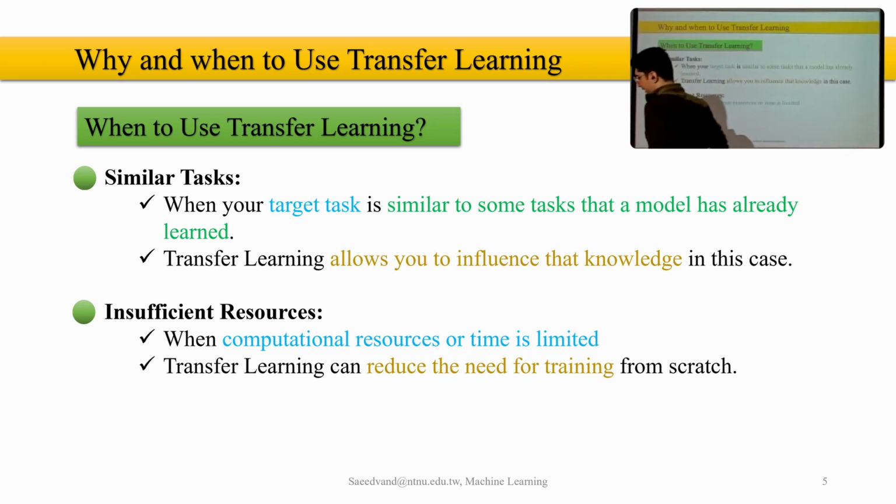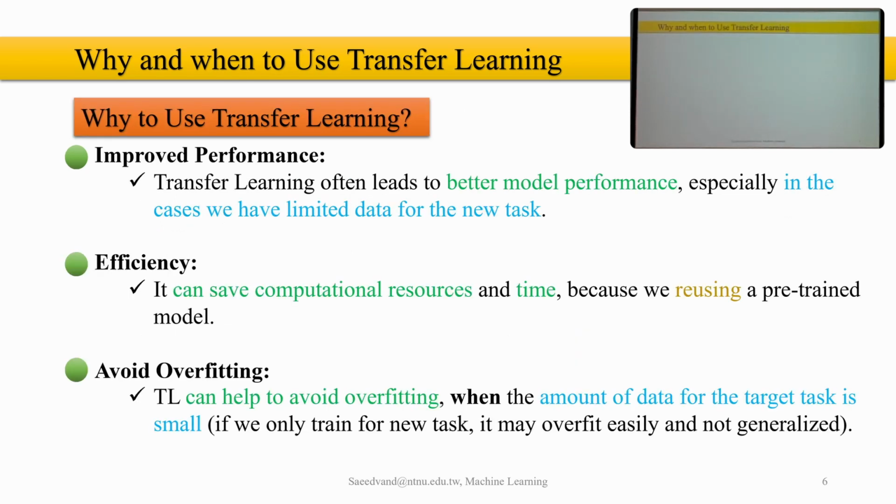So that's not feasible sometimes. Maybe you don't even have access to such strong GPUs. So then we can also use transfer learning. So it's clear that it will reduce the need for training our model, and that's an interesting point that we want to have.